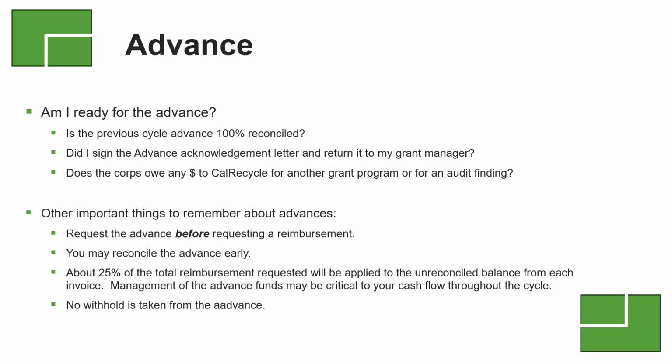Advances. Several of you, I think 5, took advances this cycle. If your previous advance is 100% reconciled, if you have signed the advance acknowledgement letter and returned it to your grant manager, and if you owe CalRecycle no other funds, any kind of debt like a past due payment, repayment of an advance or something like that, or a finding of an audit, then you are ready for an advance.